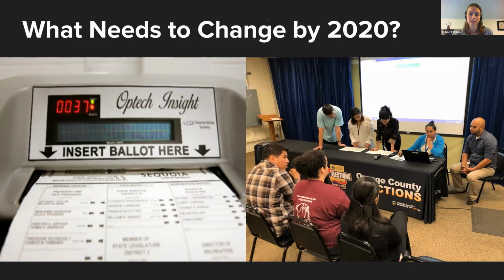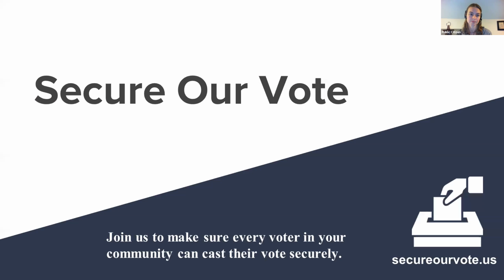And then on the right is a risk limiting audit done in Orange County, and just stronger audits that can, as much as possible, verify that the outcome of our elections are correct. And these can be observable by the public. They empower people to feel that their vote counted and to engage in the process. And we really applaud every jurisdiction that's piloting these this year or early next year. After the 2018 election is a great time to give this a try and see how it works.